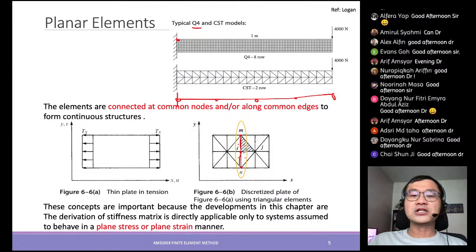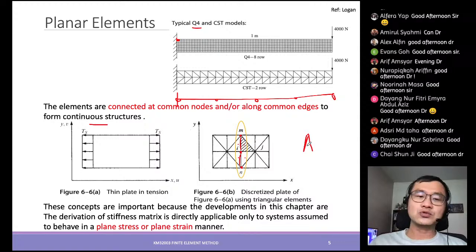So the sharing of edges and nodes is very important to ensure that the structure is continuous. They will not form, when they deform later on, one edge on this side and another edge on the other side where there is a void. In real cases, there's no void in between them.